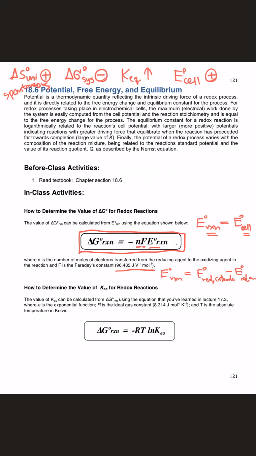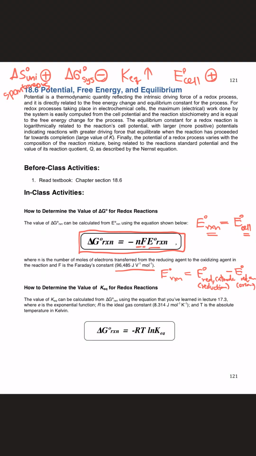Again, if we are talking about the general redox reaction, we don't have to determine cathode and anode because those are the electrodes, which are part of the electrochemical cell. We can literally just replace this with the standard reduction potential that belongs to the reduction half reaction, and the anode would be the standard reduction potential that belongs to the oxidation half reaction. Okay, so that's what it is.